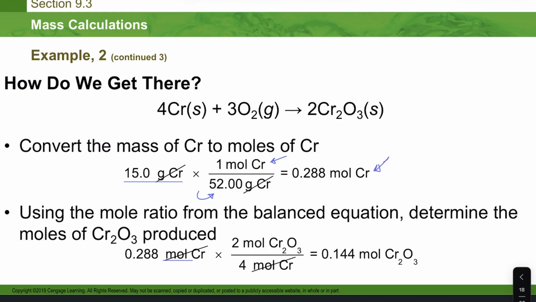Now that we're in moles of chromium, we can use the conversion factor, which comes directly from the equation that we wrote out, 4Cr to 2Cr2O3. And we need to cross out moles of chromium. So moles of chromium goes on the bottom to be able to be crossed out, and moles of chromium oxide goes on the top. This will give you 0.144 moles of chromium oxide.